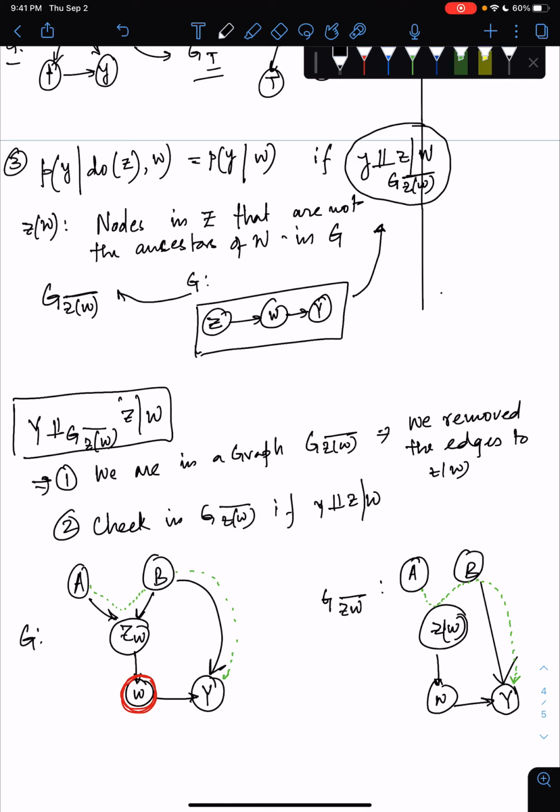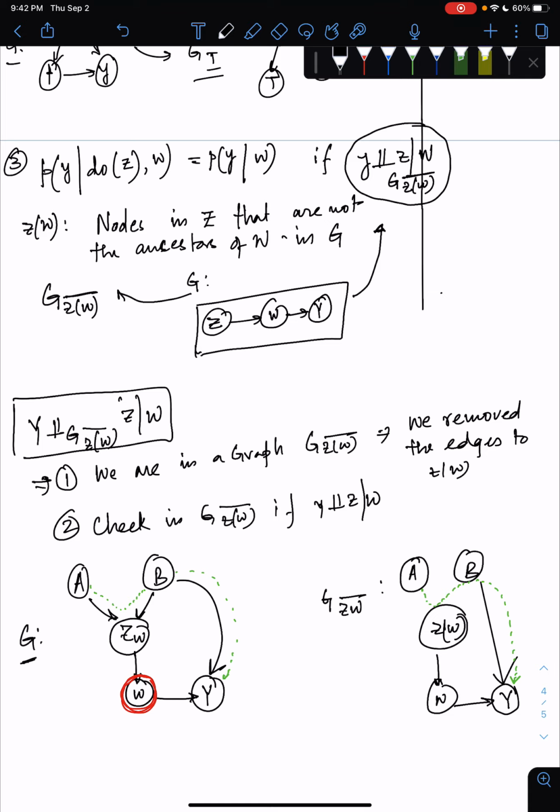I know it's a bit heavy. Again, if in my original graph G, the node W is able to block all the spurious association between Y and Z, then when you come from G to G ZW bar, and in G ZW bar, if we remove all the causal association between Y and Z, and if we say that they are conditionally independent, then this particular relationship holds.